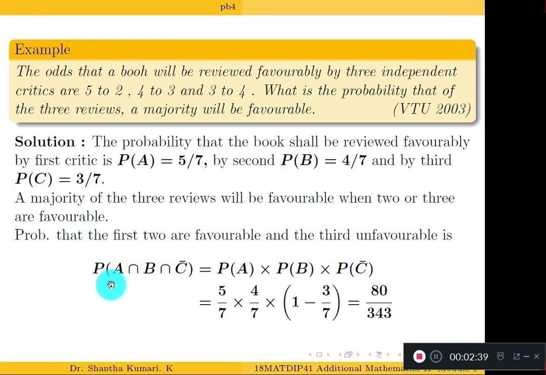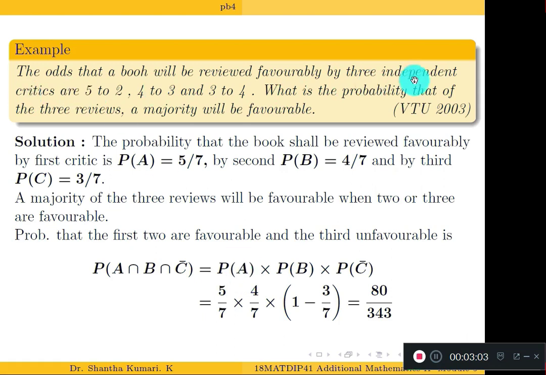One possibility, here the condition is independent, reviewing favorably, correct? So here A and B means A is reviewing favorably, B is reviewing favorably, and C is not reviewing favorably. That's the meaning. Just using the multiplication rule of independent events.